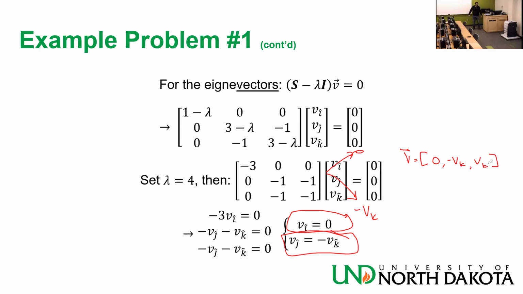I get an infinite amount of vectors that can satisfy this, right? Because it can be 0, 1, minus 1. It can be 0, 2, minus 2. It can be 0, 3, minus 3, right? All those are valid. I get an infinite number of vectors.